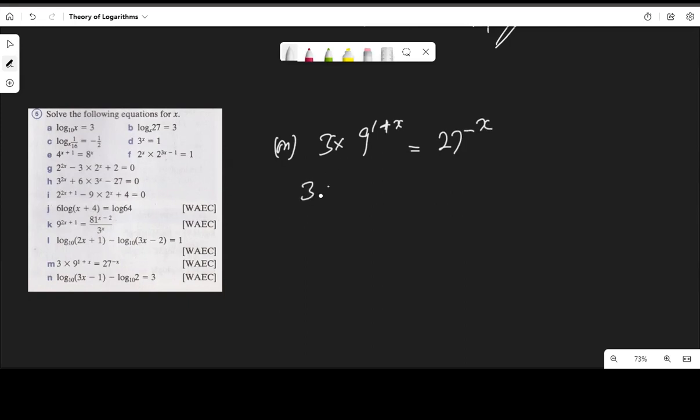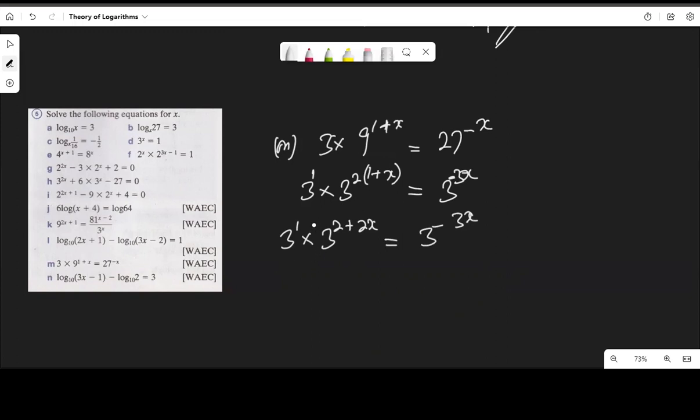This will give us, expressing this in index form, that is 3 squared, then multiply by 1 plus x equal to, expressing 27 in index form is 3 to the power of 3, multiplied by negative x is negative 3x. Okay, now the power of this 3 here is 1. Before that, let me distribute these 2 here. So I'll have 3 to the power of 1 multiplied by 3 to the power of 2 plus 2x equal to 3 to the power of negative 3x.